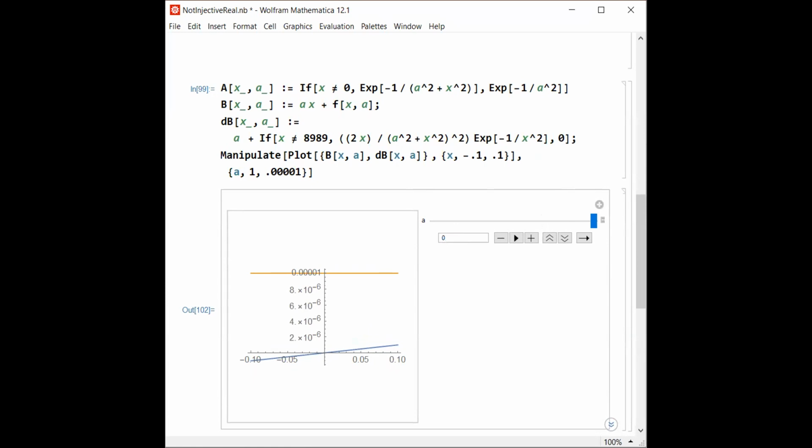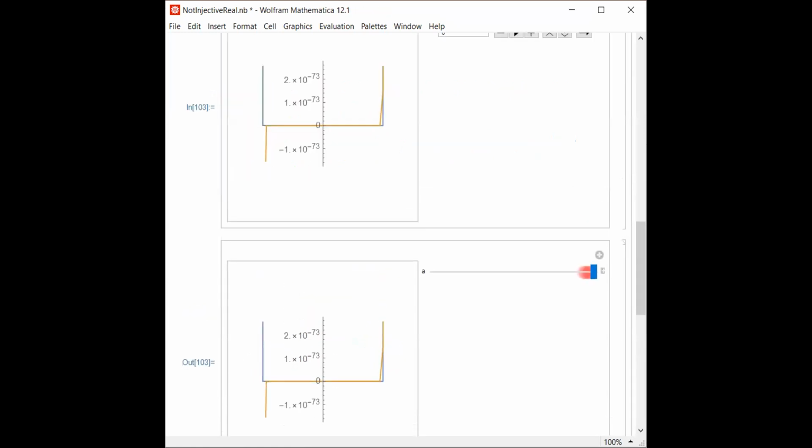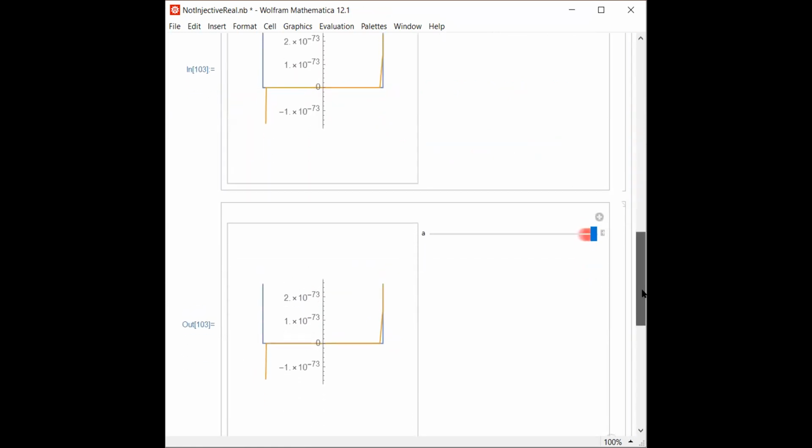We can ask Mathematica to calculate it. Mathematica doesn't like it. It's got something in red. So it's telling you, I really, really don't like you asking me to do this. But if you look at what's going on, the blue is essentially what we saw before. For our plot, we see things like 10 to the -73, which is essentially telling us, boy, it's small, in neighborhoods like this.